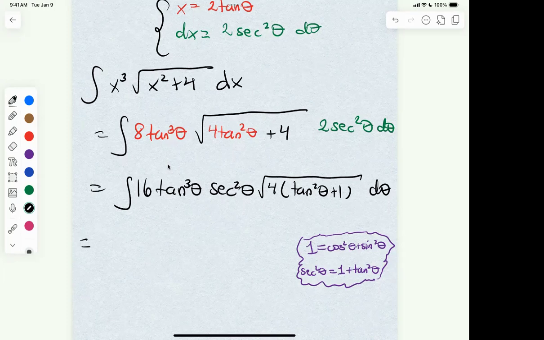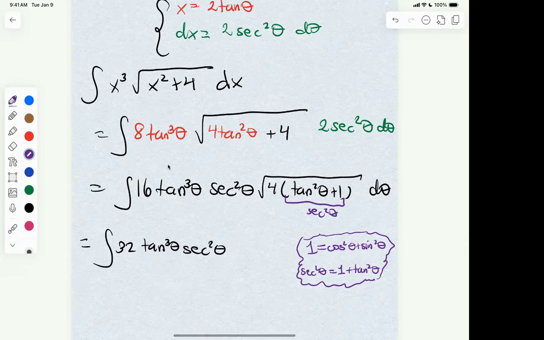But if you do that, what happens? A 4 will come out as a 2, so this will become 32. Then you get tangent cube, secant squared, and here, because of the magic identity, this is secant squared, which then comes out as secant, right? So you get secant here.